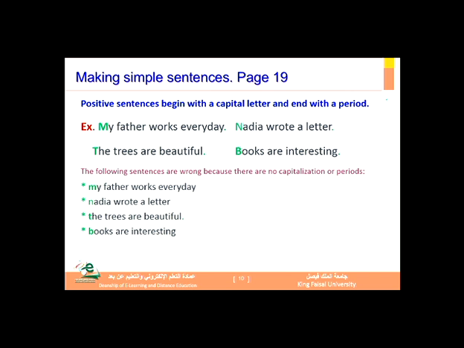Now here we have an exercise on page number 19 in the book, which says make simple sentences. Positive sentences begin with a capital letter and end with a period. We repeat. So what we mean by positive sentences, those sentences are not negative sentences. They are not question sentences.